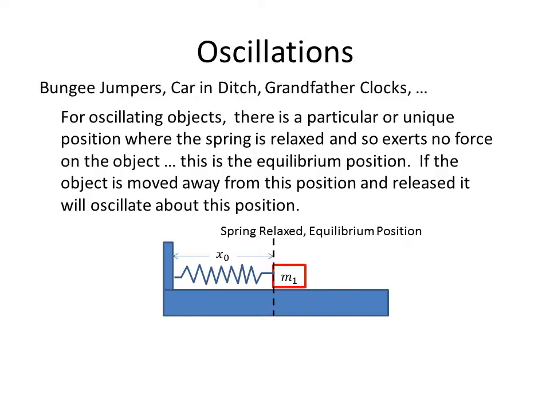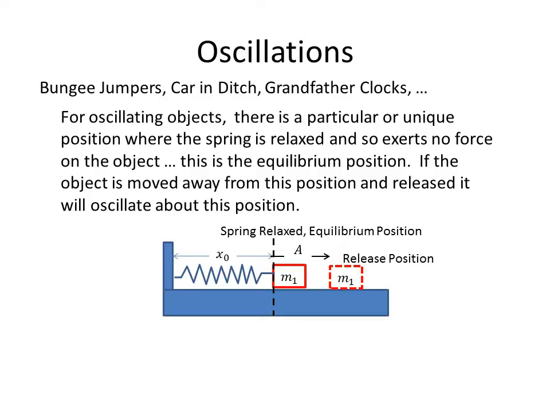Now if we move it away from that position, say a distance A, we'll move it to what we call the release position, because after we move it to that point, we're going to release it. Then the spring will pull it back toward the equilibrium position, and it'll accelerate all the way back and continue on past that point, then compressing the spring.